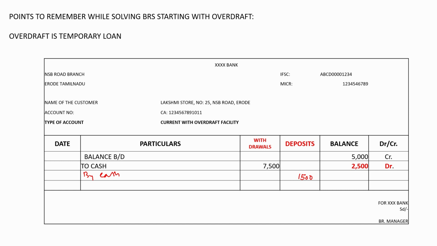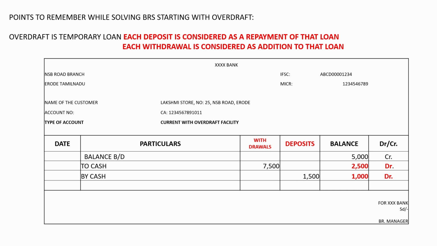You have deposited 1,500. Every deposit is treated as a repayment against that loan. That means your overdraft has decreased to rupees 1,000.